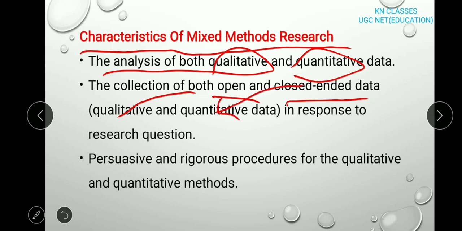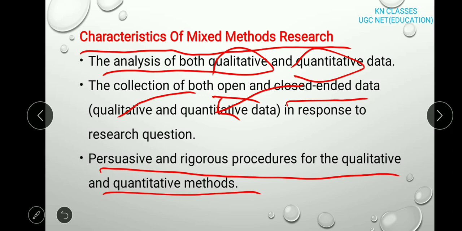The third characteristic is the use of persuasive and rigorous procedures for the qualitative and quantitative methods.